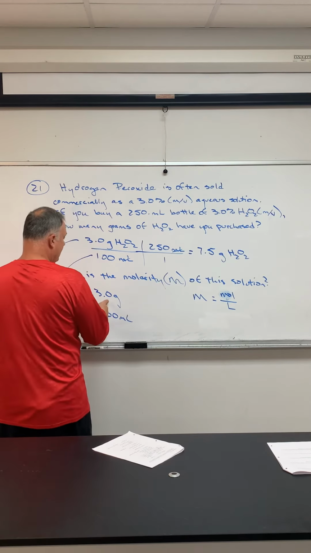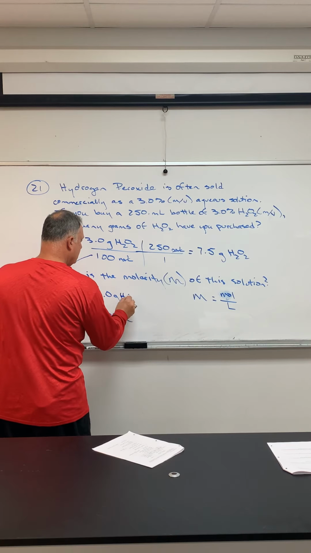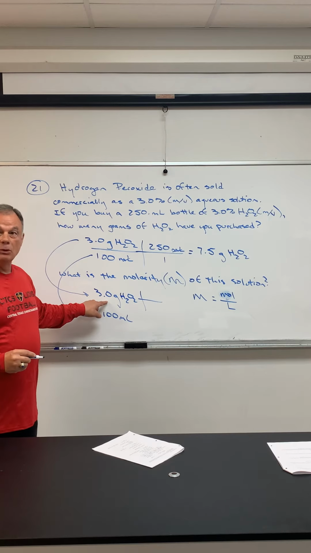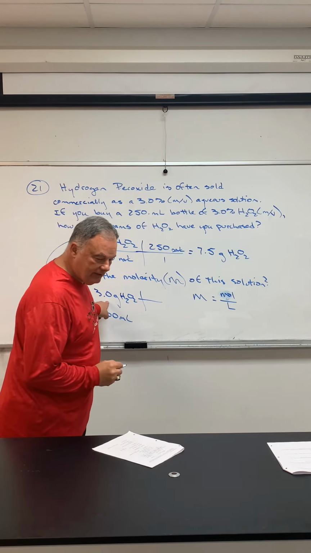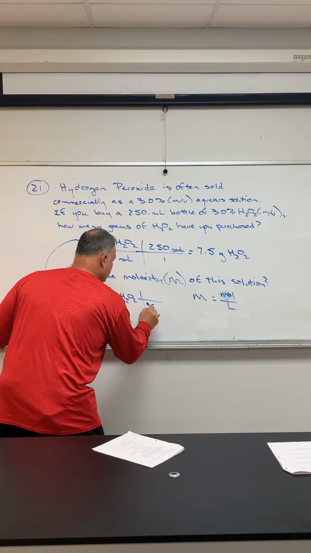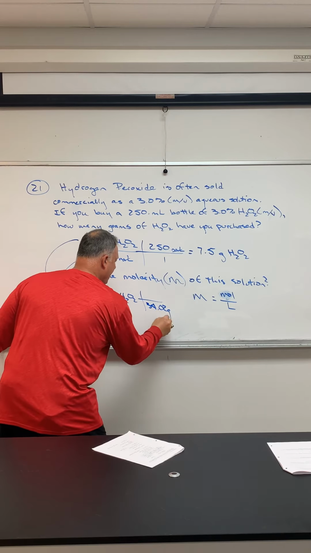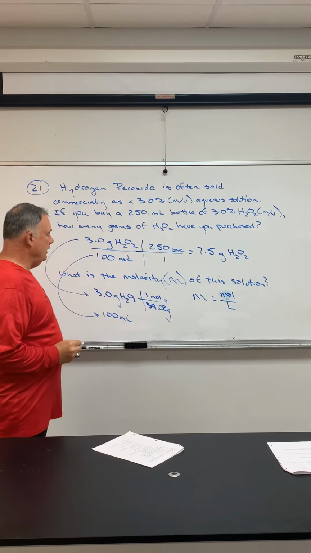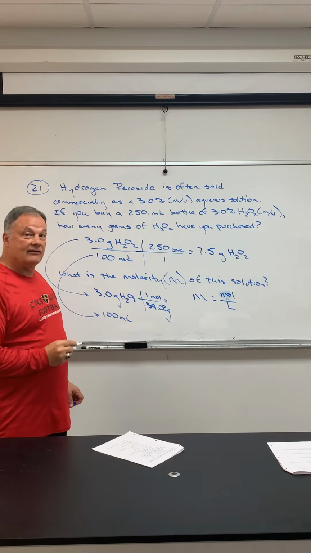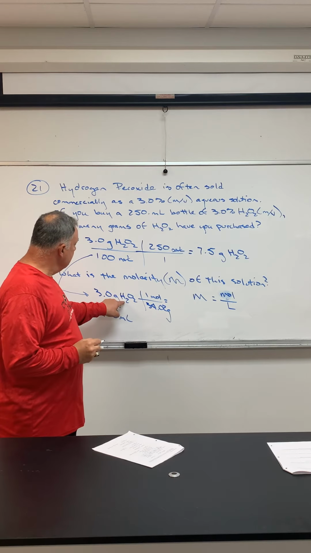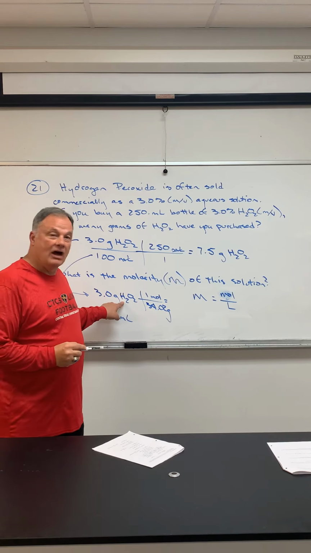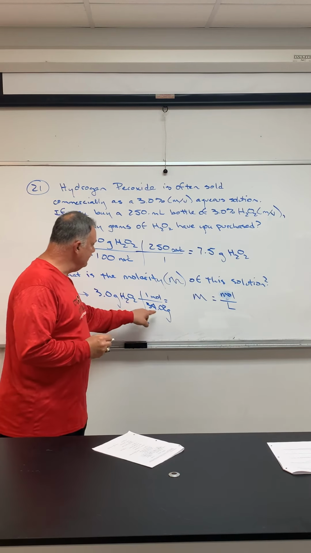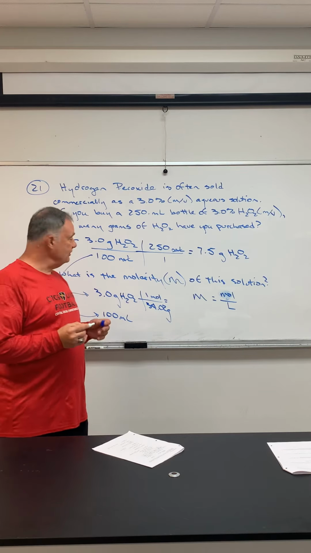So here we go. I have grams of H2O2. So what I'm going to do is use the molar mass of H2O2. And calculating that, it's 34.02 grams for every 1 mole. I calculated that, of course, by taking 2 times the molar mass of hydrogen and 2 times the molar mass of oxygen, and added those values together to get the molar mass of that material.